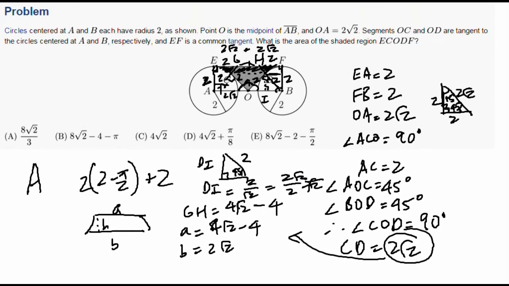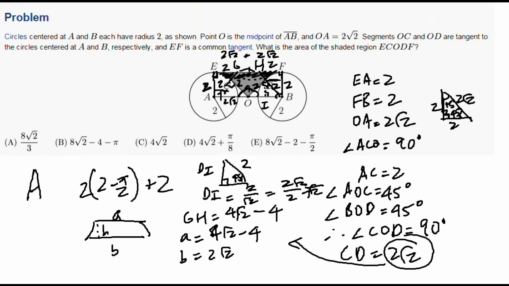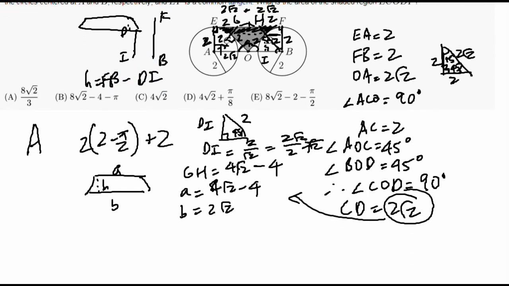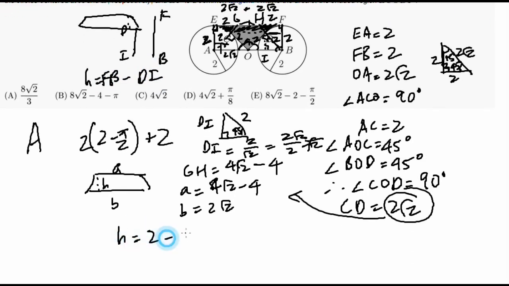Okay. So DI is root 2. So the height would just be this sliver right here, FB minus DI. Since we know FB is 2, H equals 2 minus root 2.